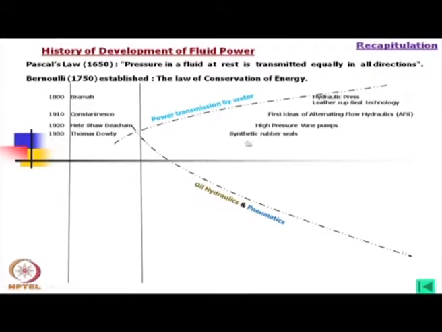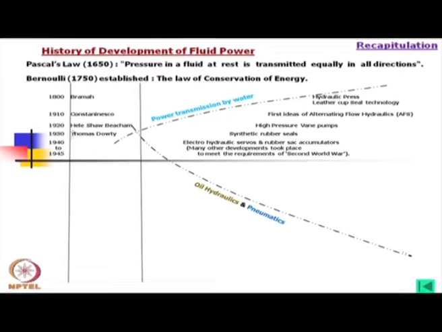After 130 years, the good seal was used, and from then onwards fluid power became very popular. However, in the meantime, the electrohydraulic servo valve was introduced in 1940 to 1945, but during the period 1920 to 1940 there was also a tremendous growth of electrical machines.